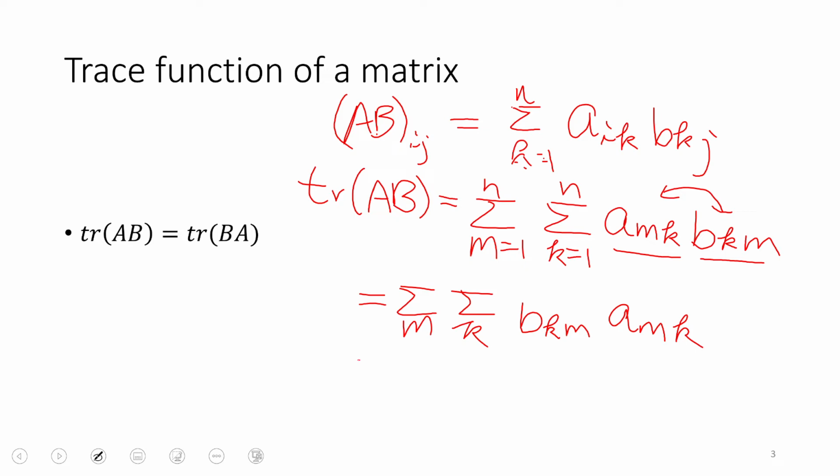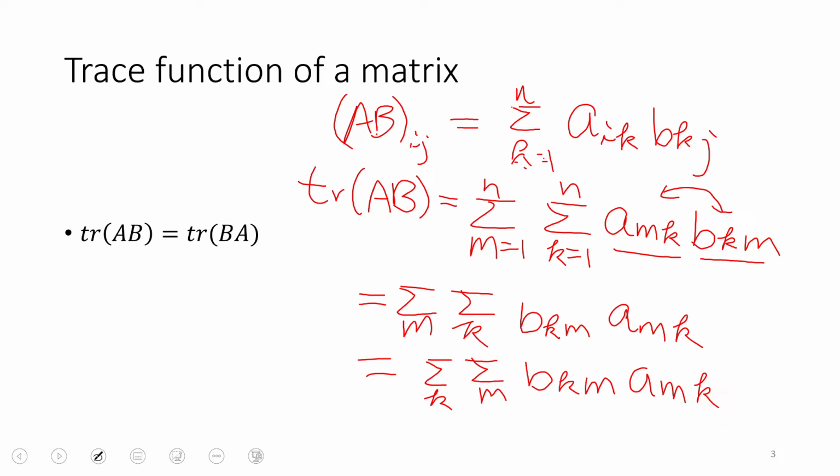Now the summations over m and k can swap, because you basically iterate over each. So it's the summation over k, the summation over m, of Bkm times Amk.